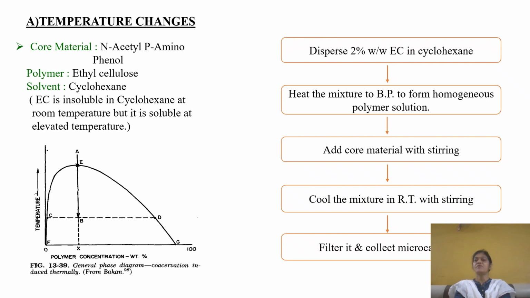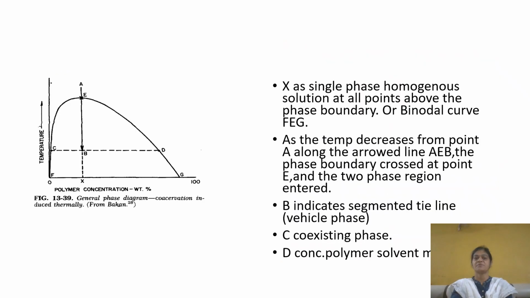Initially take 2% weight by weight ethyl cellulose in cyclohexane, then heat this mixture to the boiling point. Why is the heating essential? Because it forms a homogeneous polymer solution. After that, add the core material with stirring. Now cool the mixture to room temperature with stirring. Immediately there will be formation of microcapsules. Filter it and dry it. So this is coacervation phase separation by change in temperature.